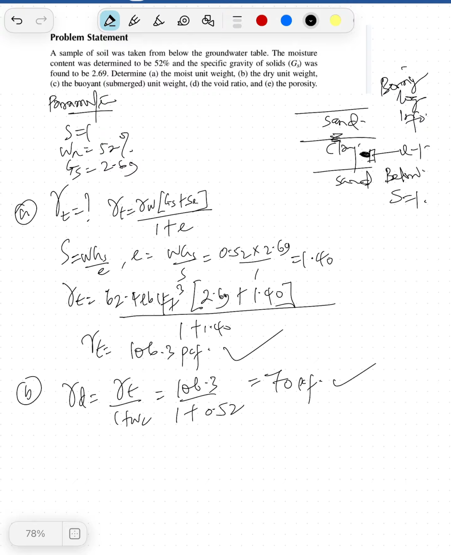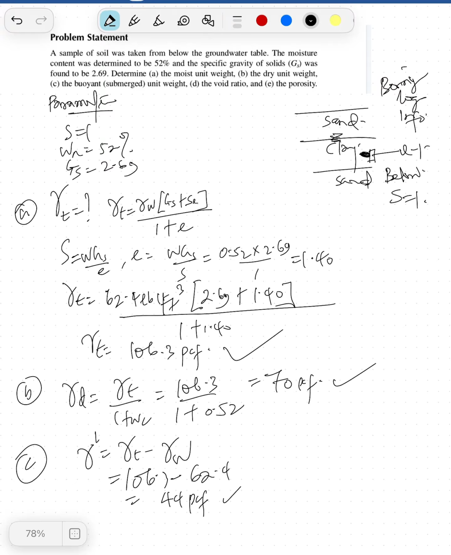This is the answer. And option C says we should find the buoyant unit weight, which is total minus unit weight of water. That is the equation for effective unit weight. Total unit weight minus unit weight of water is 106.3 minus 62.4. So our answer is 44 pounds per cubic foot.